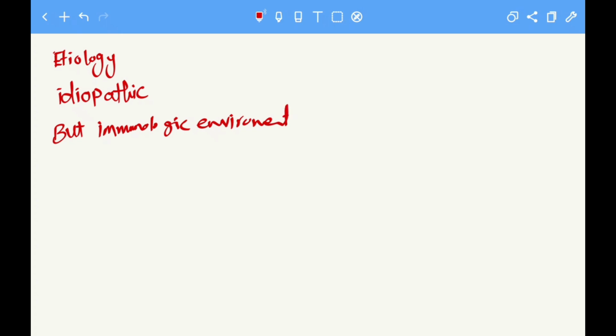What is the commonest site in ulcerative colitis? It is the rectum. What is backwash ileitis?